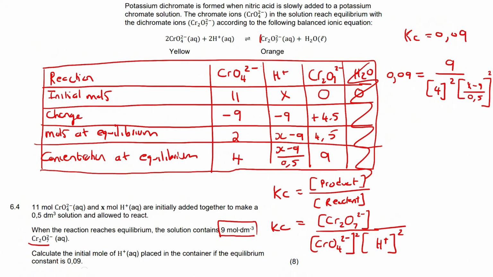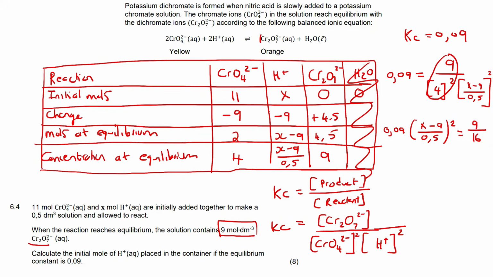Okay. So now we eventually want to get this one, right? So what I'm going to do is there's multiple ways you could handle this. I'm going to leave this number as it is, and I'm going to leave this number where it is, and I'm going to take this and multiply it over to the other side. So we're going to end up with 0.09 times 4 squared equals 9 times x minus 9 over 0.5 squared, and then that you can just type on your calculator.